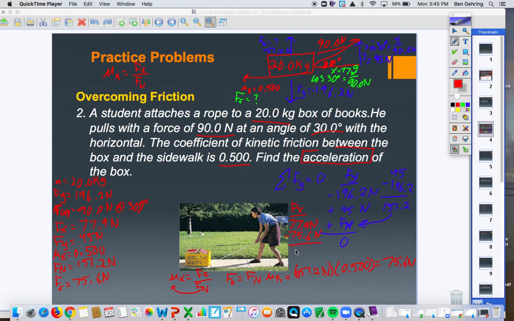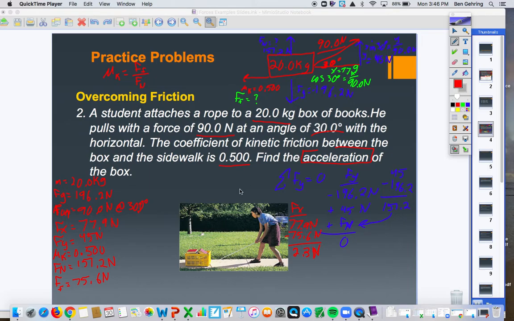So I have a net force of 2.3 newtons to the right. So 2.3 newtons is pulling to the right in this case.